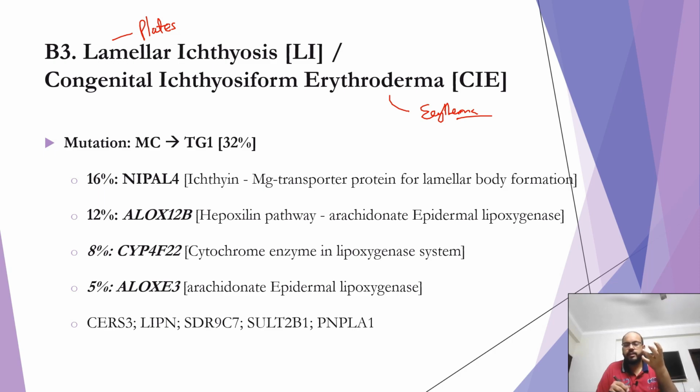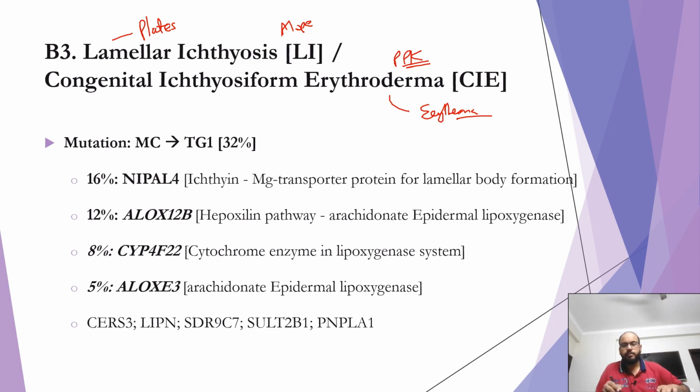But you have to know what kind of clinical feature will be more predominant in either end of the spectrum. Now, understand that there are a few features also. For example, in lamellar ichthyosis, you will have alopecia, while in congenital ichthyosiform erythroderma, you will not have alopecia. You will have more PPK or palmoplantar keratosis in CIE and less PPK in lamellar ichthyosis.